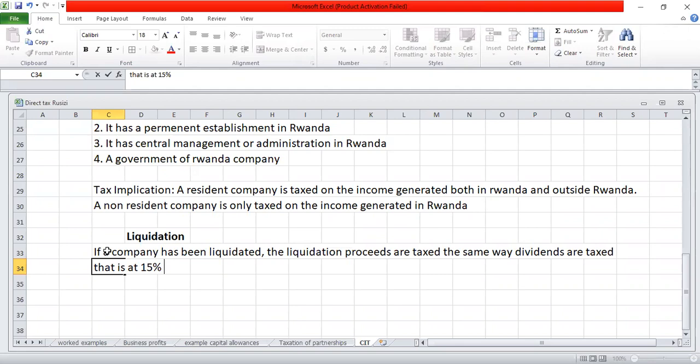How do we compute the proceeds from liquidation? Computation of proceeds from liquidation.